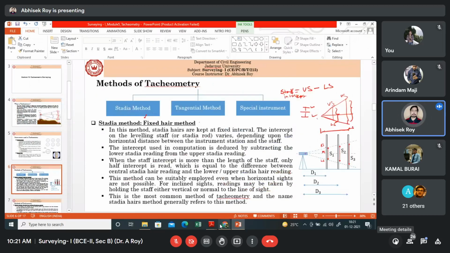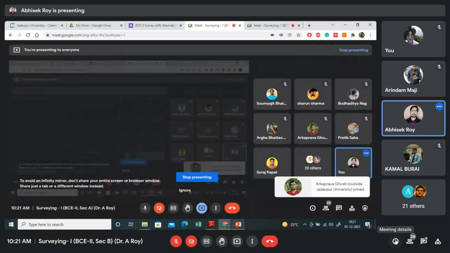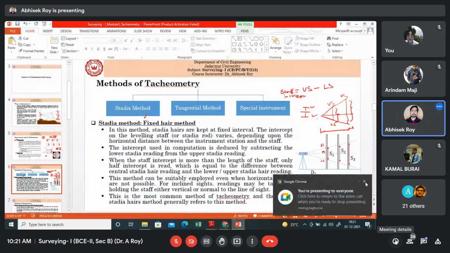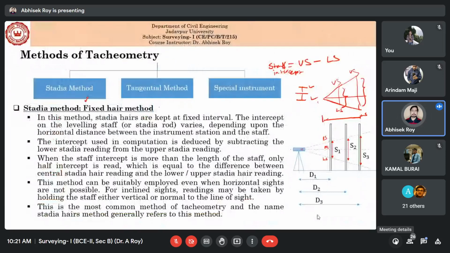That means in the Stadia method, we are basically using this concept of similar triangles, where the ratio of base to height is constant.